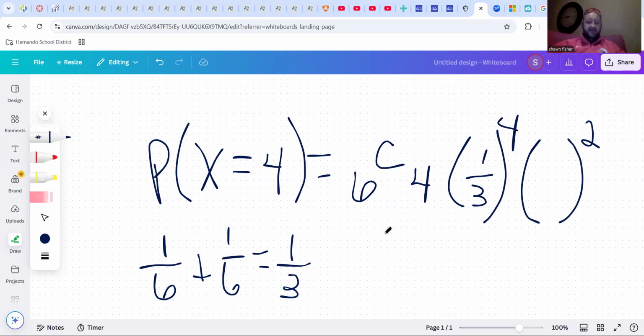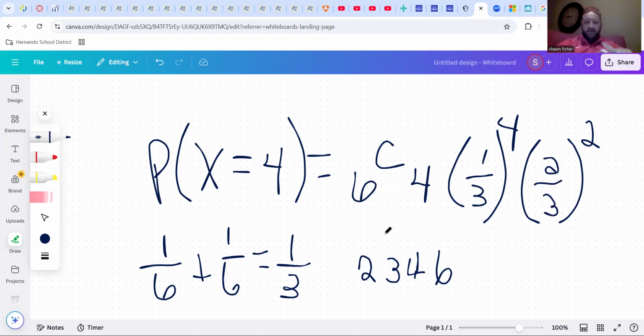The failures would be the number 2 fails, the number 3 fails, the number 4 fails, and the number 6 fails. 1 out of 6, 1 out of 6, 1 out of 6, 1 out of 6, which is 2/3, because they all have to add up to 100%.